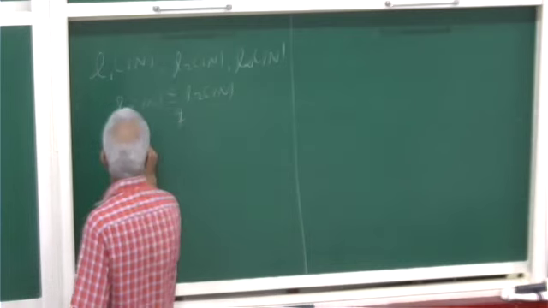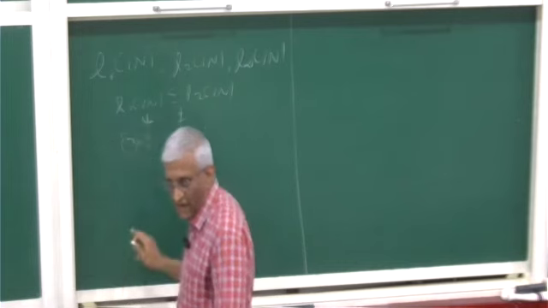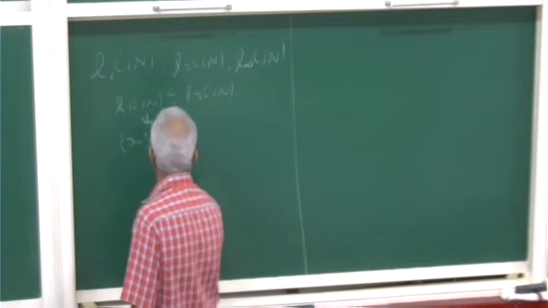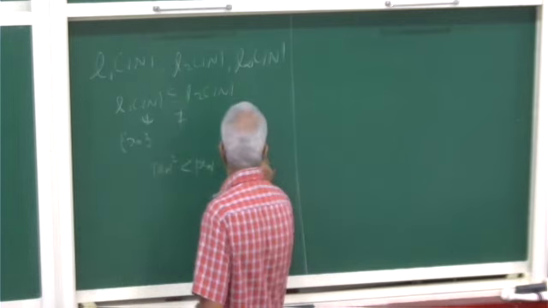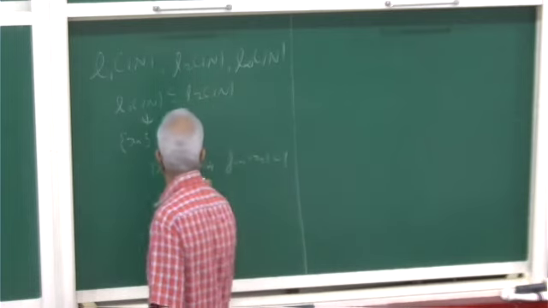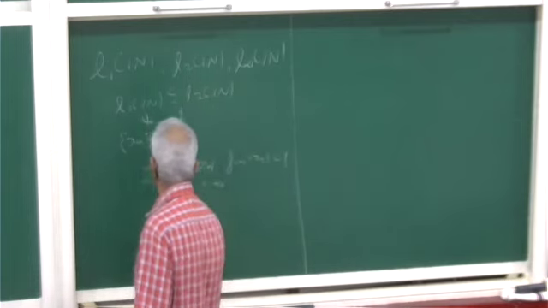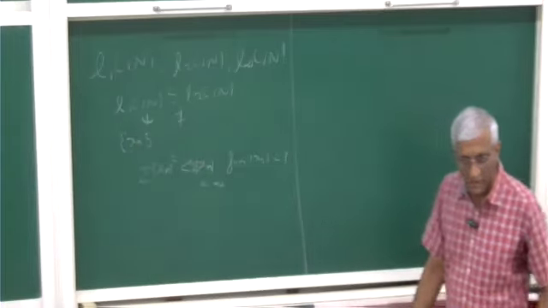If xn is in l1, then xn squared is less than mod xn for mod xn less than 1, right? So if this converges, the sum being less than infinity, then this converges. So that's why small l1 is contained in small l2.